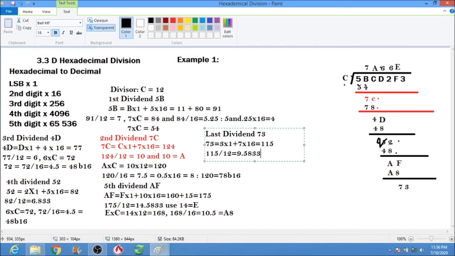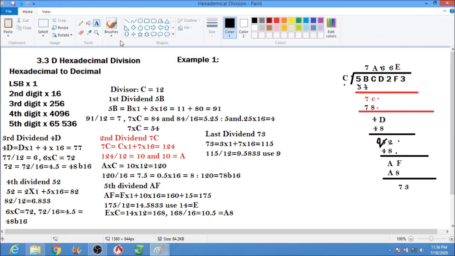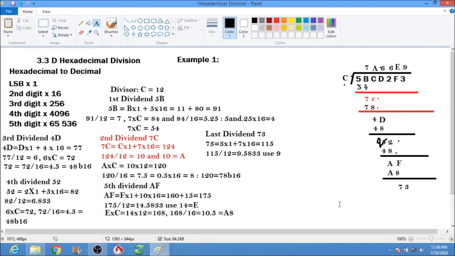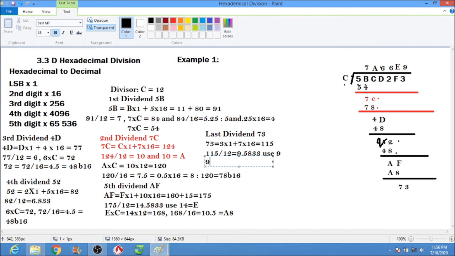So we use 9 as the multiplier. So we write 9.